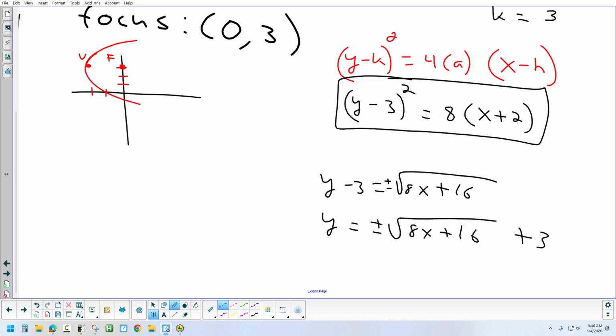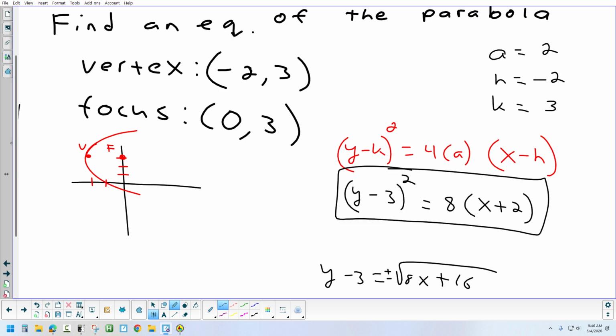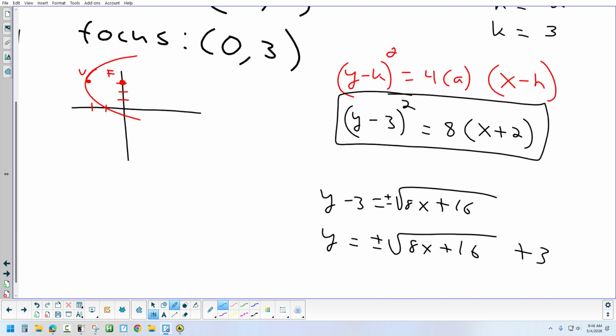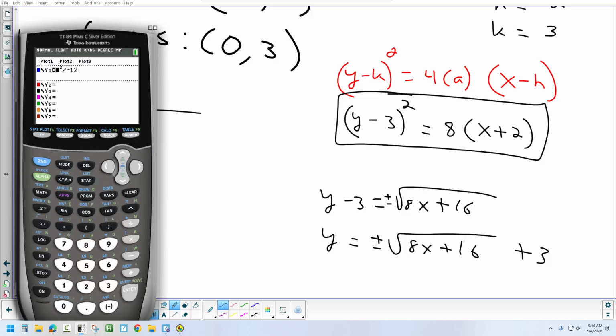Let's see if we get a parabola that looks like it's been shifted 2 units left and 3 units up and opens to the right. If we do, then we did it right. So you've got the square root of 8x plus 16 plus 3.